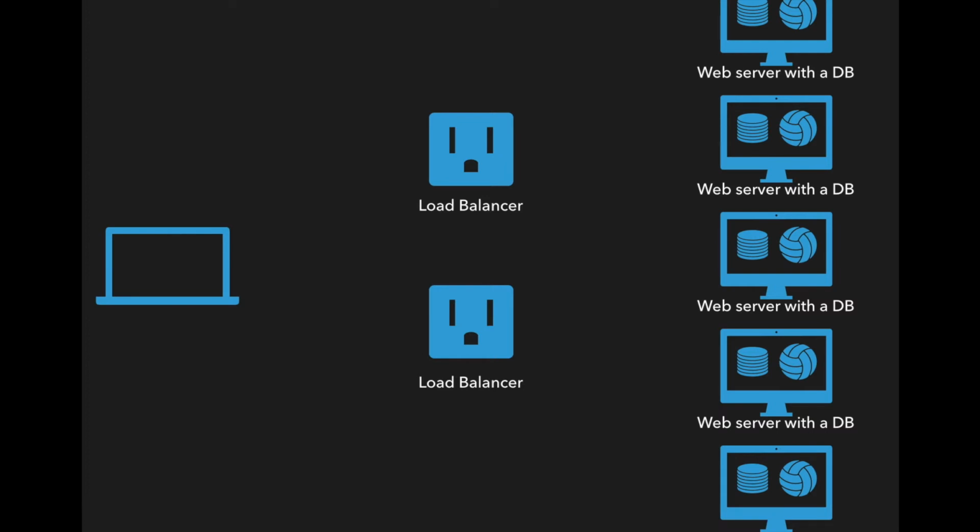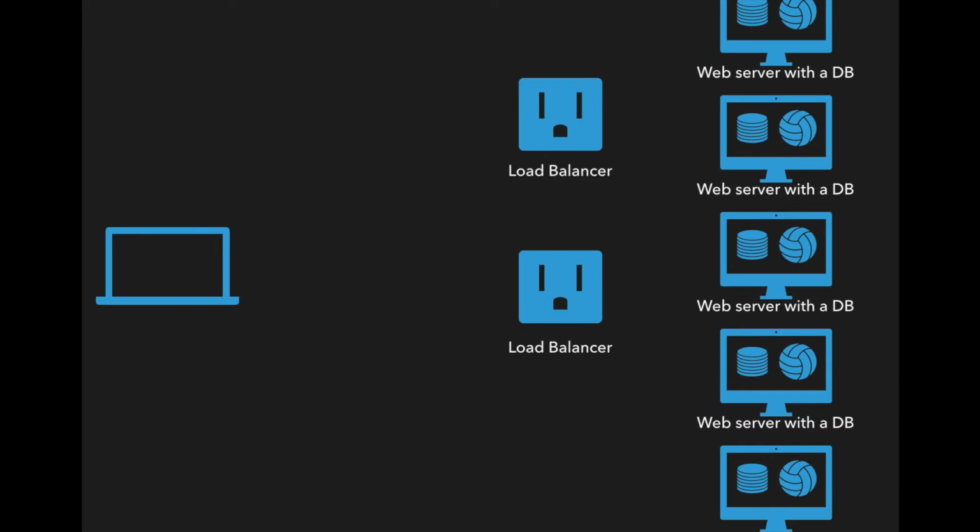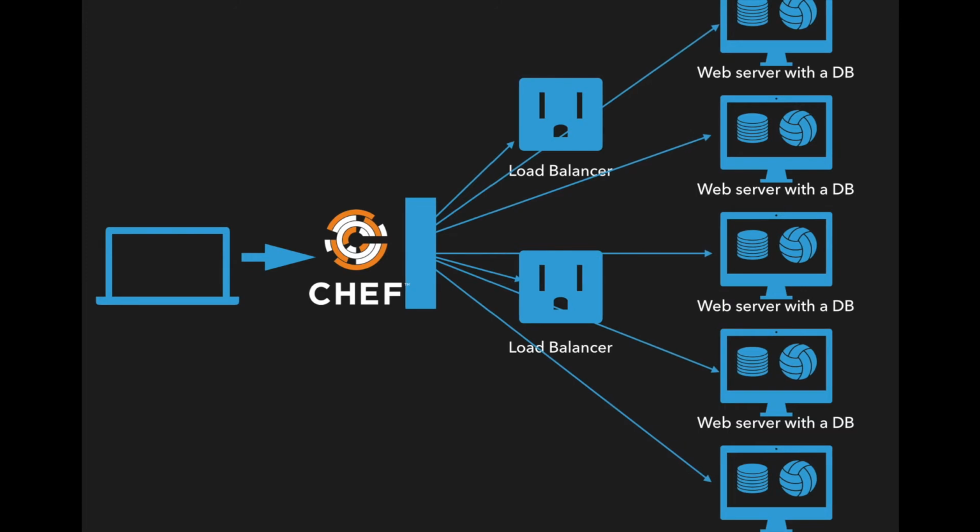So how can we solve this problem, or how configuration management or tools like Chef help in this problem? What happens in this case, we introduce Chef server in the middle, and you write your configuration code on your local system, and then you push it onto Chef server, and then Chef server will take the responsibility, or it will do all the configuration and management of all servers, and it will maintain those servers.